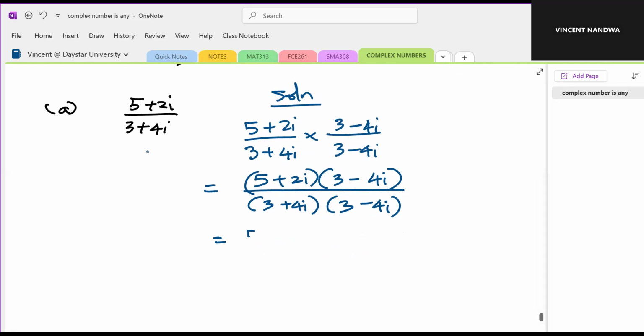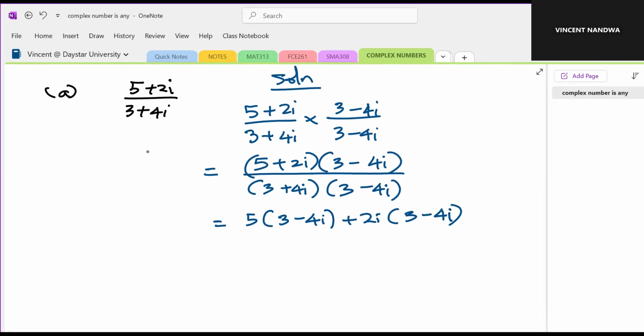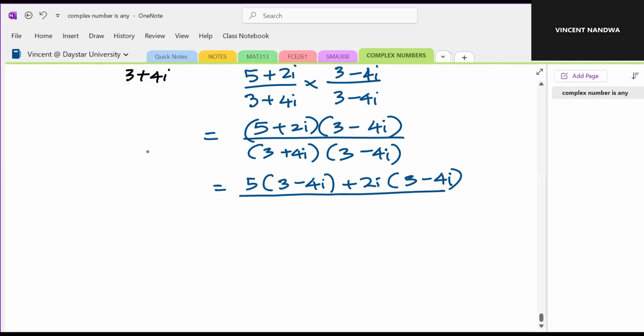So this is the same as 5 into 3 minus 4i plus 2i into 3 minus 4i, over 3 into 3 minus 4i plus 4i into 3 minus 4i.